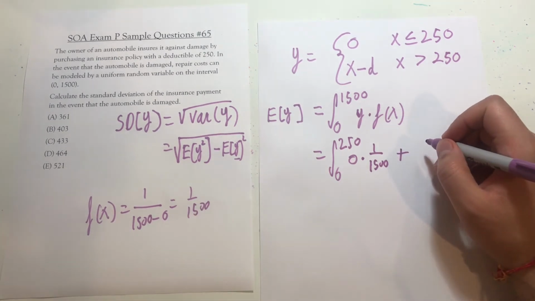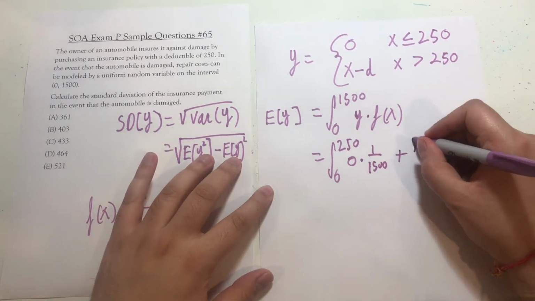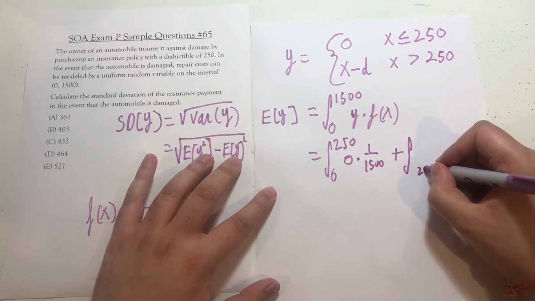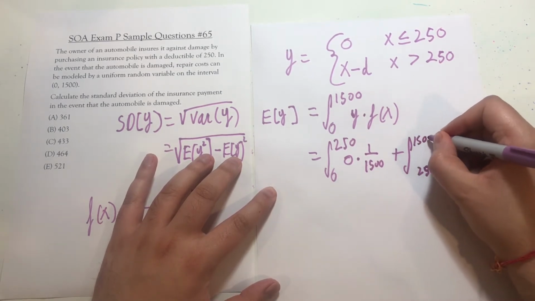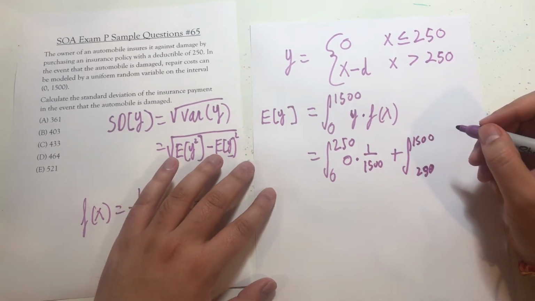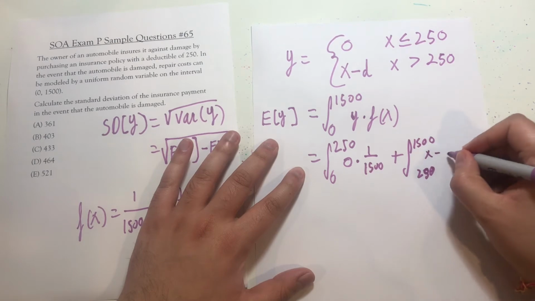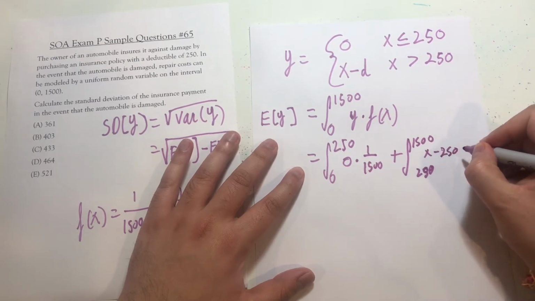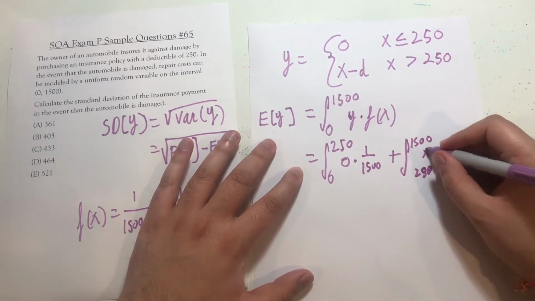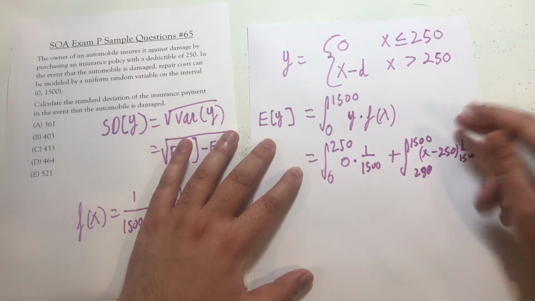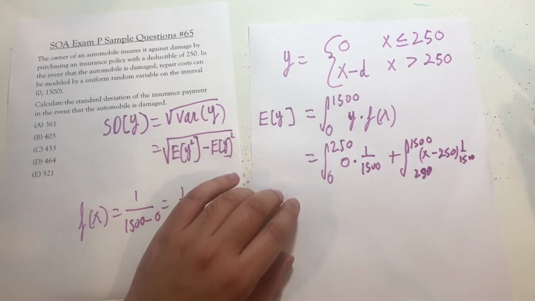And I add that to the integral from 250 to 1,500 of x minus 250, multiplied by 1 over 1,500, dx. I keep forgetting the dx behind these.